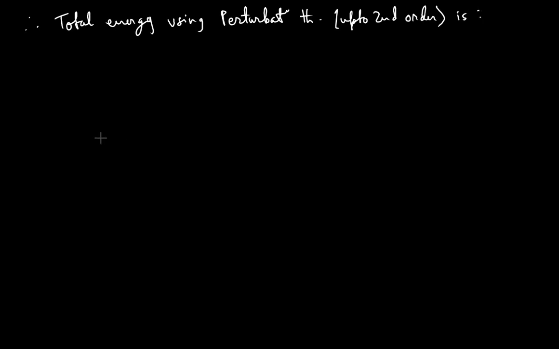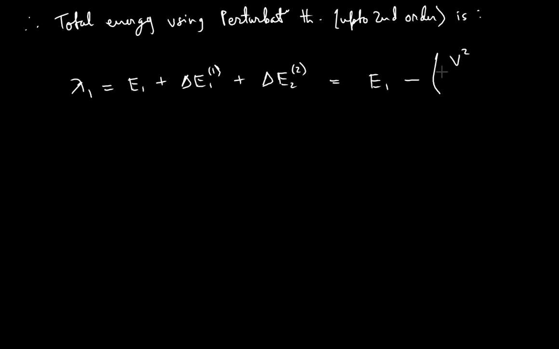The total energy lambda 1 is equal to E1 plus the first order shift plus the second order shift, and this is equal to just E1 minus V square divided by E2 minus E1.